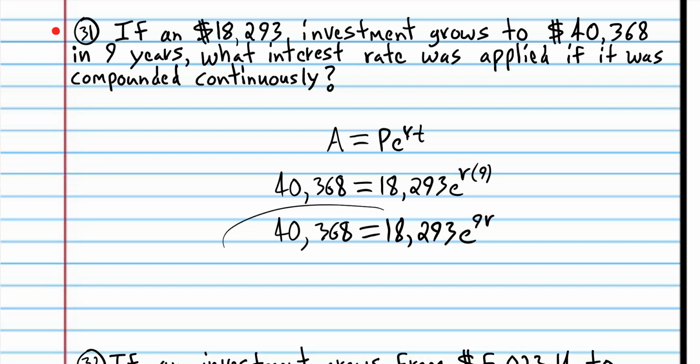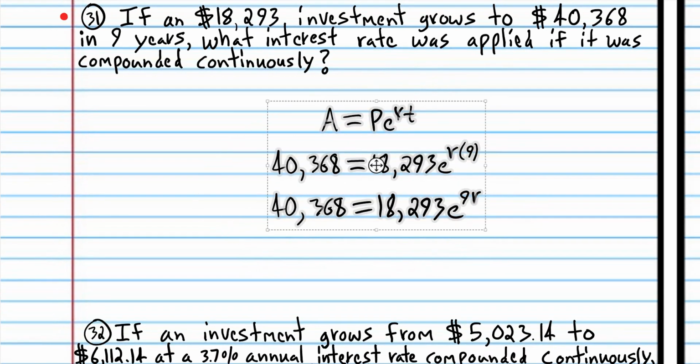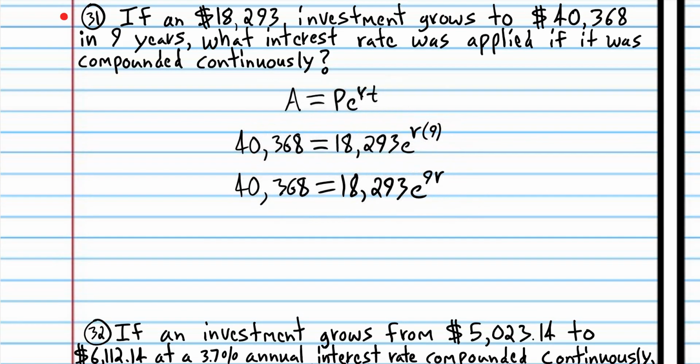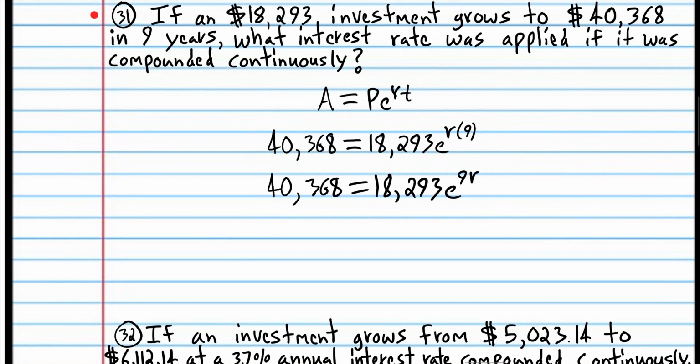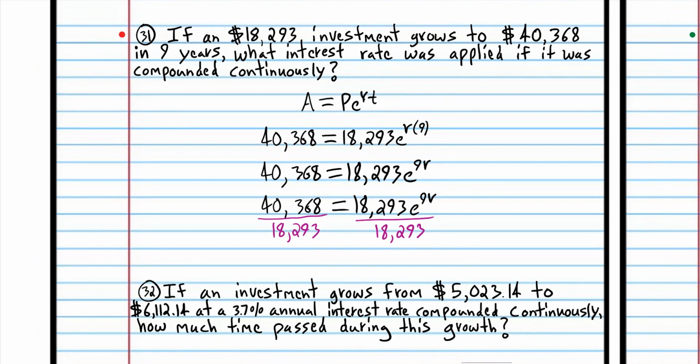So we're solving an exponential equation, and this equation is a lot easier than the equations that we did at the beginning of the class, because most of the equation is already solved for us. So what I'm going to do is solve for this exponential expression, and I'm going to divide both sides by 18,293 in order to isolate the exponential expression. So I'm going to move this over here.